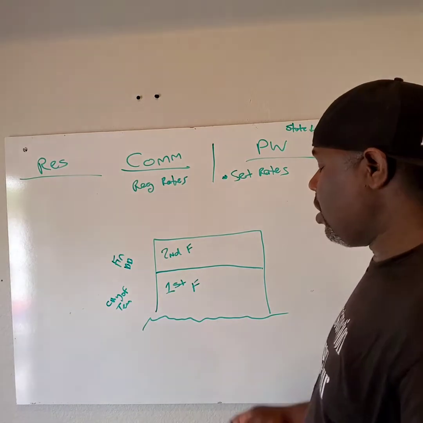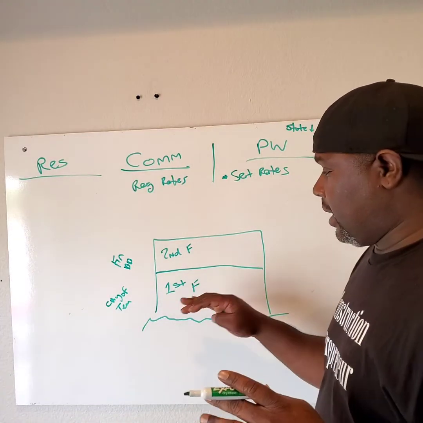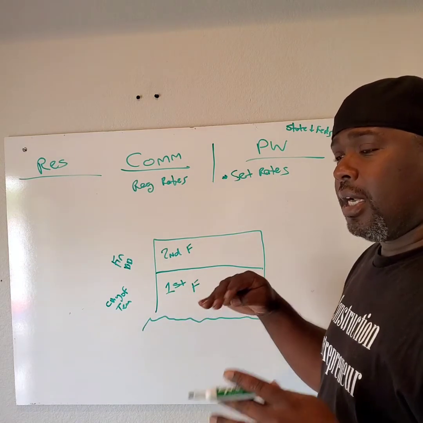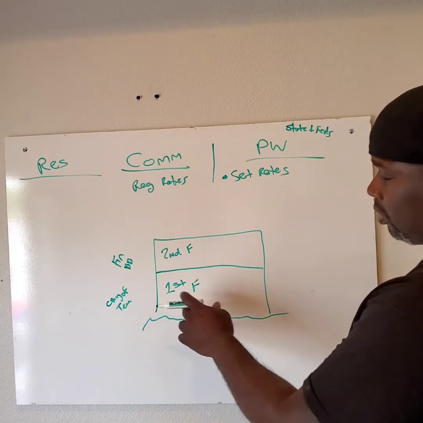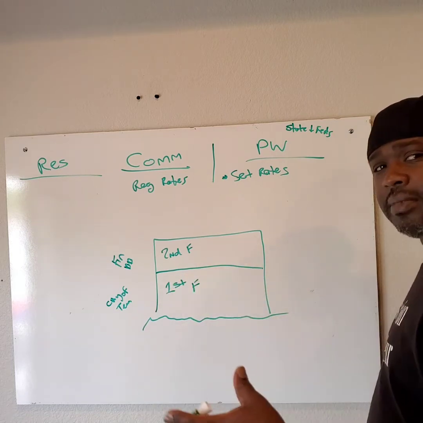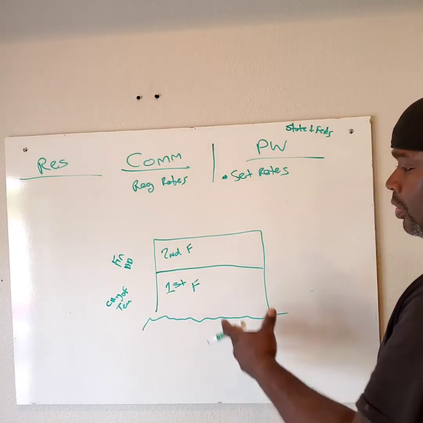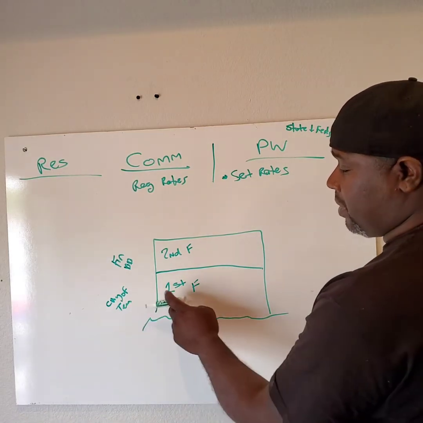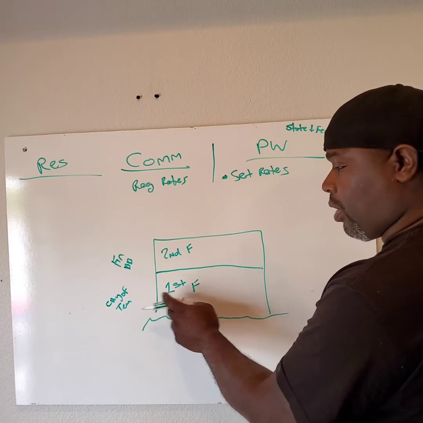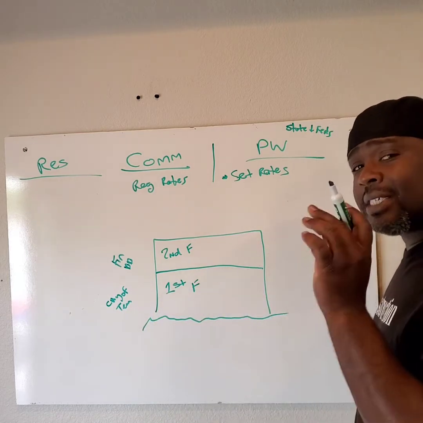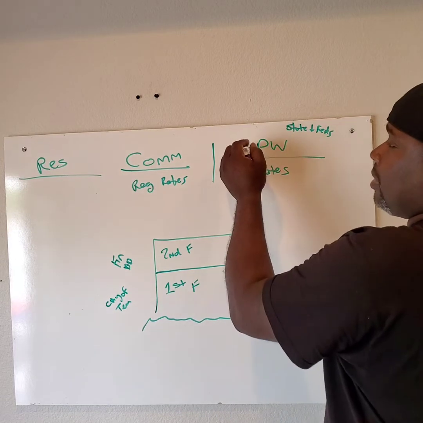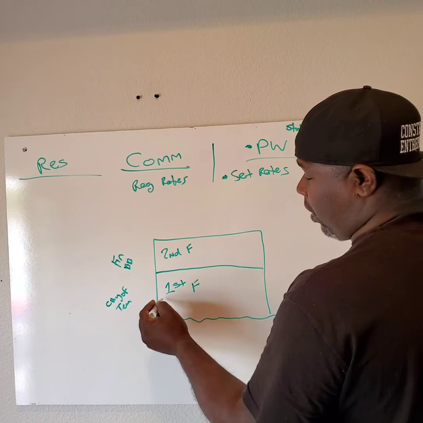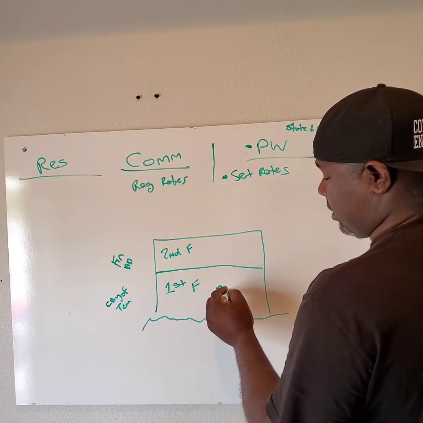So let's say the head of operations at the city says, hey, let's change around this office. Let's go ahead and remodel, let's get some tenant improvement done. So let's put this work out to bid. The City of Temecula puts this first-floor work out to bid. Because they're the City of Temecula, they fall under prevailing wages. So when they put this job out to bid, it falls under prevailing wages.